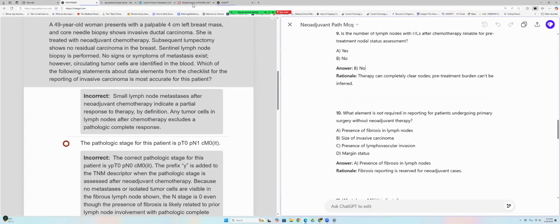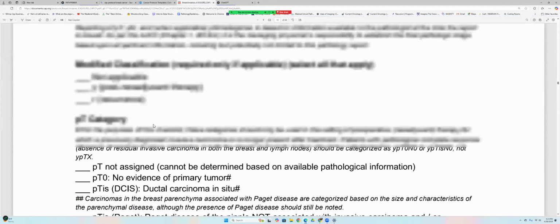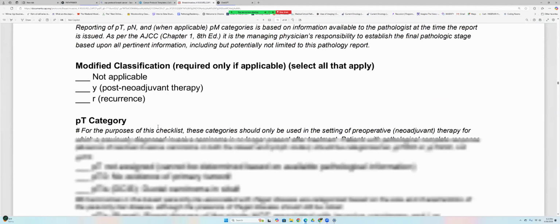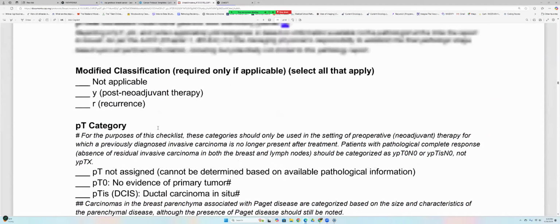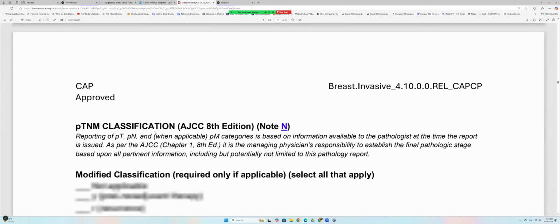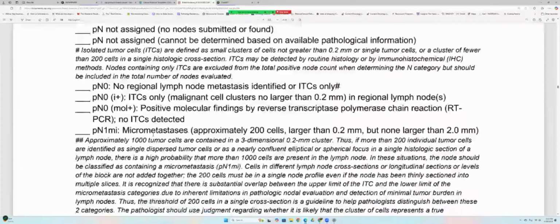When we look at lymph node assessments in cancer resection, what are the things you look at for lymph nodes? If you're looking at a lymph node under a microscope, what are the parameters you're looking for in a positive cancer in the lymph node?